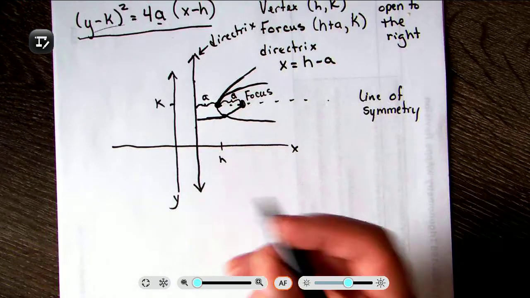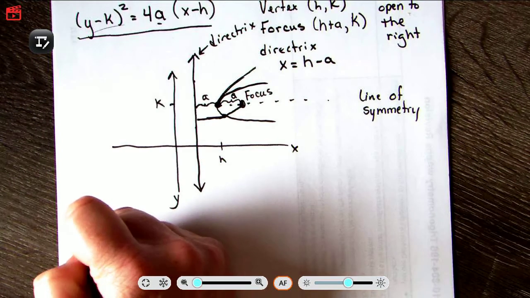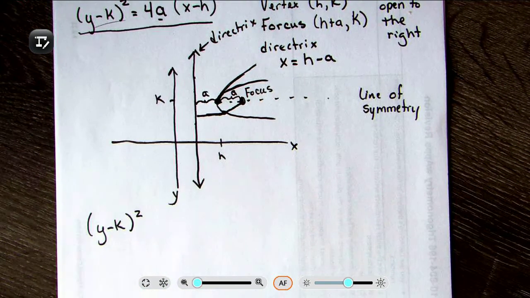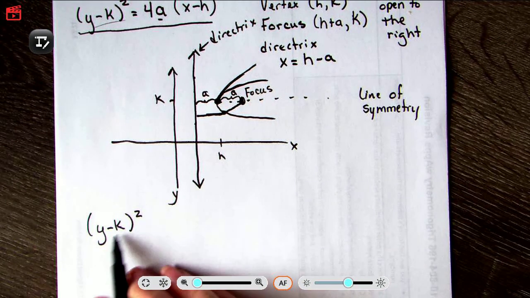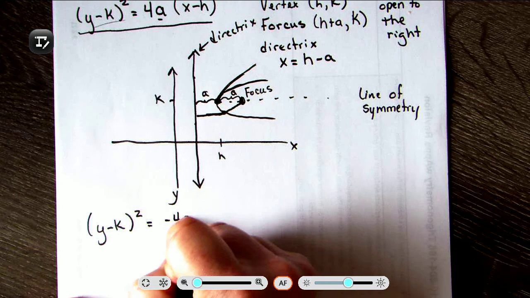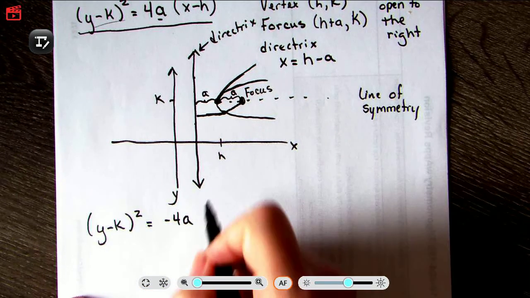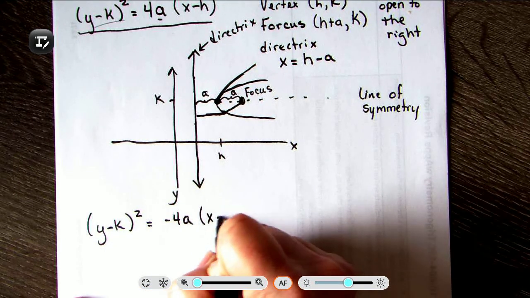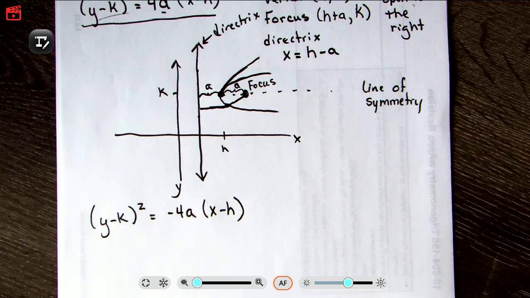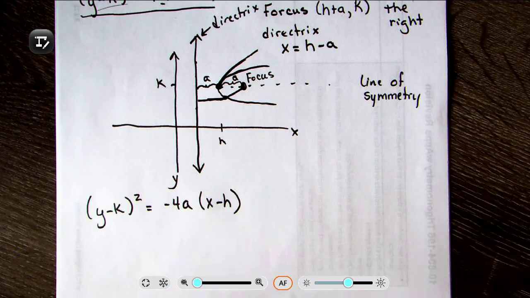The other one here that looks similar to that, I'm going to have that (y minus k) squared. Again, we have the square on the y. But if we have that negative 4a (x minus h), I'll notice also that the k is always with the y and the h will always be with that x, no matter what form we have.